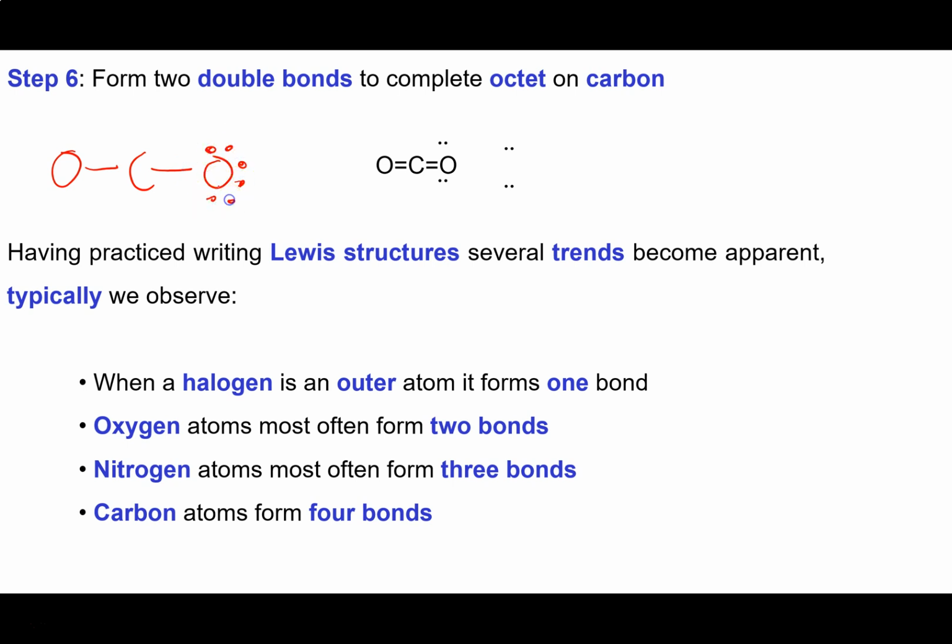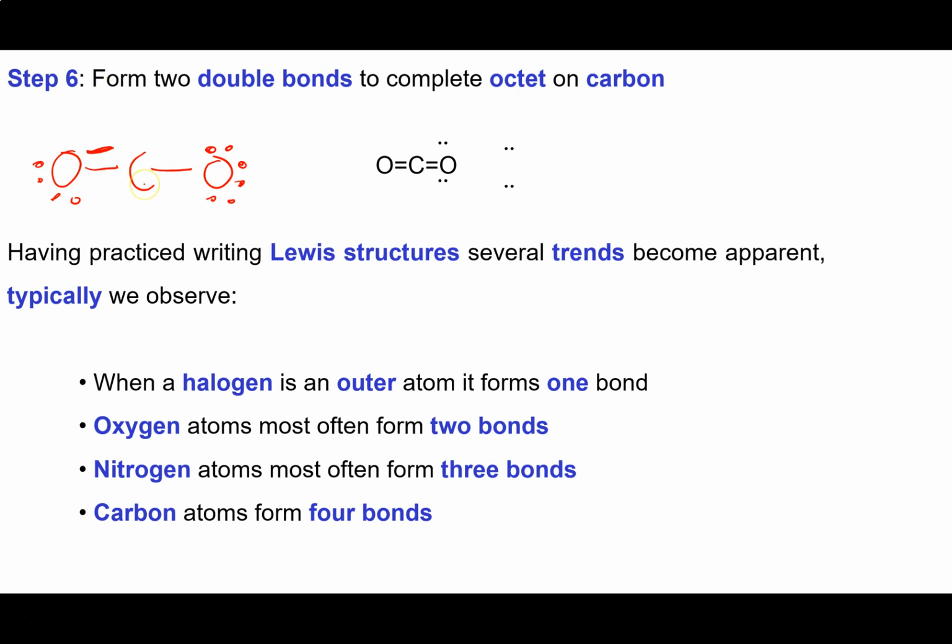And if it doesn't, I'm going to bring in lone pairs until it does. So let's have a look here. The carbon has 2, 4 electrons around it, so it is 4 short from having an octet. So what I'm going to do is bring in those 2 and turn them into a double bond. That doesn't quite get me there, does it?